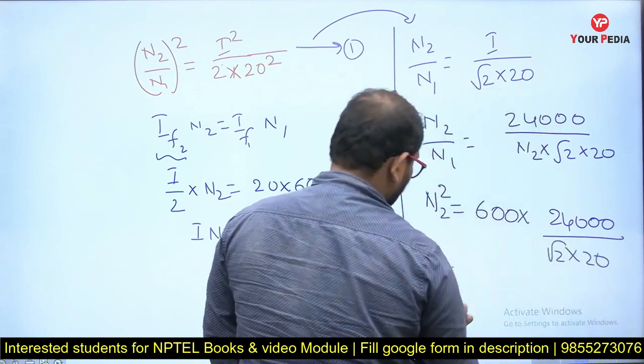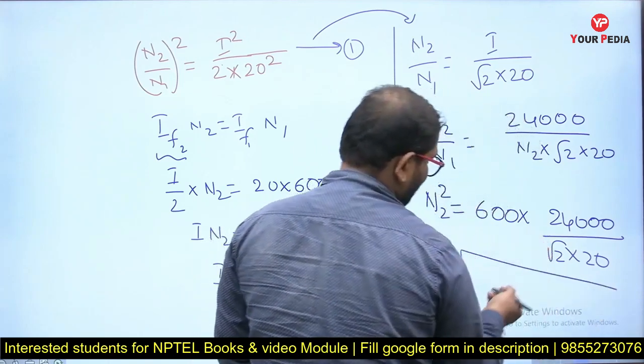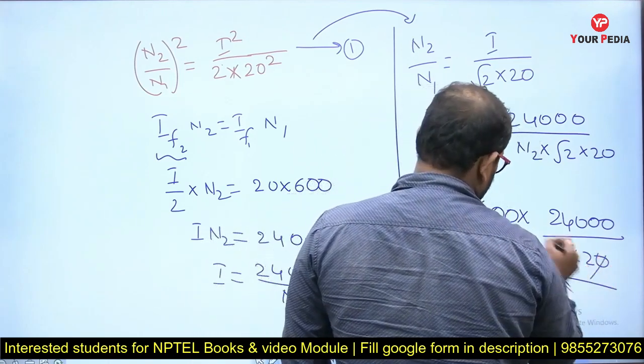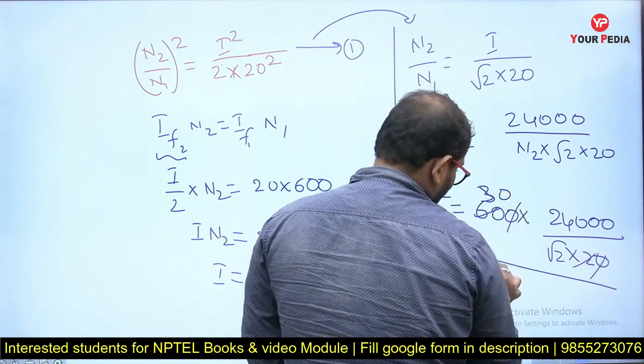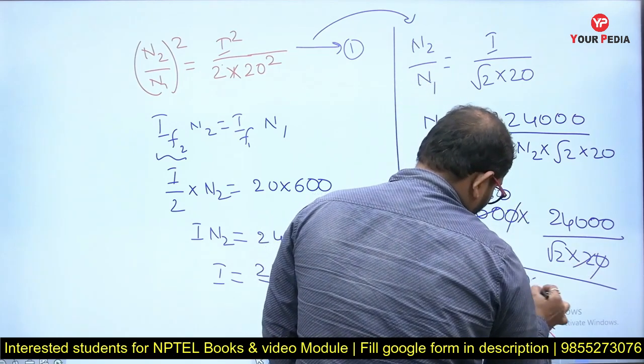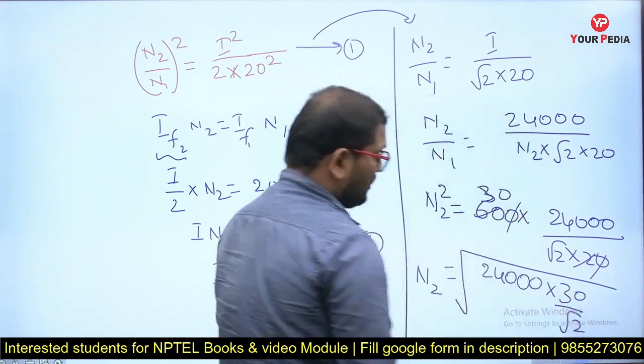So if you take this, N2 is equal to the square root of this value. So 24,000 into 30, divided by root.